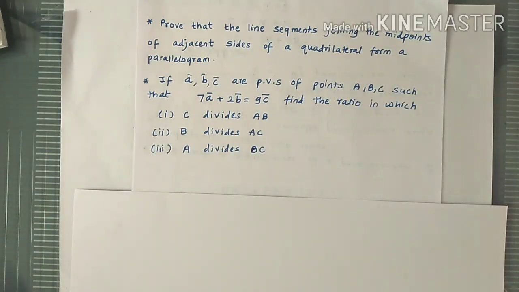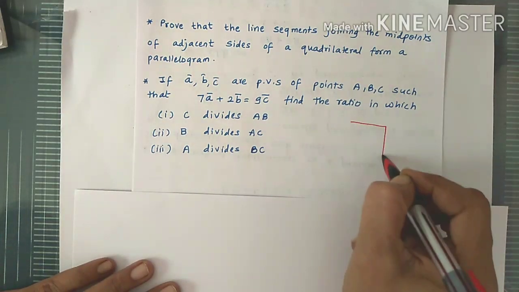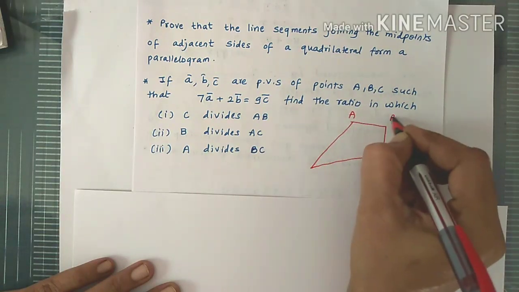Okay, so this is your assignment. Two questions are given. The first question is, prove that the line segments joining the midpoints of adjacent sides of a quadrilateral form a parallelogram. That means a quadrilateral is given, say ABCD.